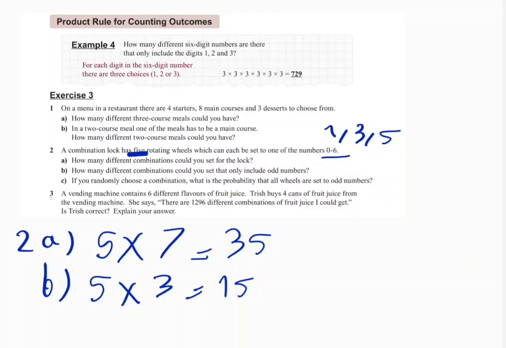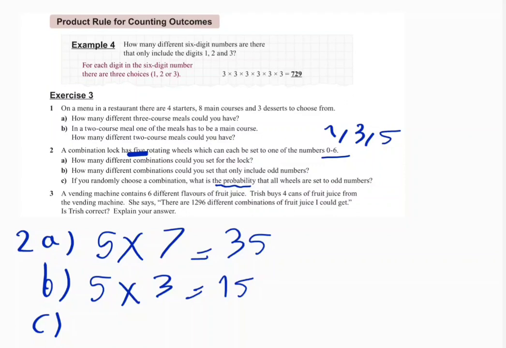And finally, part C. It says that if you randomly choose a combination, what is the probability that all wheels are set to odd numbers? So the difference between the first and second part and this third part is that the third part is asking for a probability. So this is no longer the total number of combinations, so we should be very careful about that.